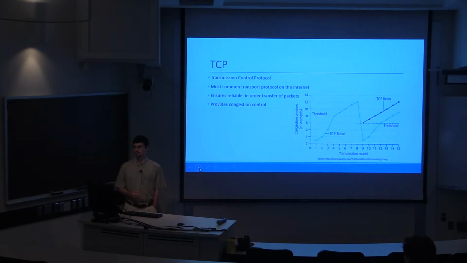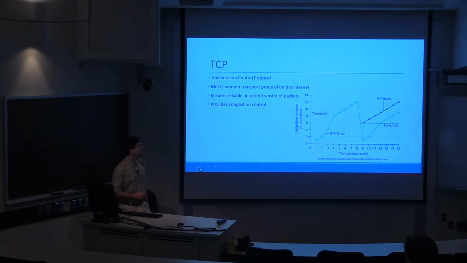This is a graph of how TCP's congestion window changes over time for two different versions of TCP. The congestion window is just one of several variables that are taken into account in determining how much data TCP can send in a unit of time.